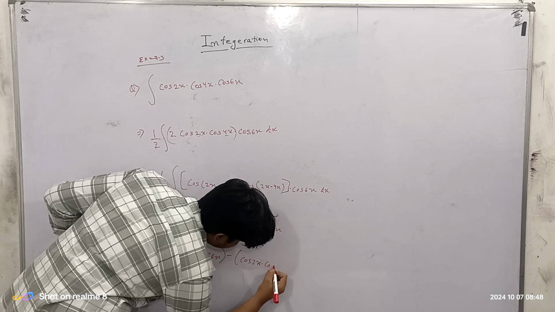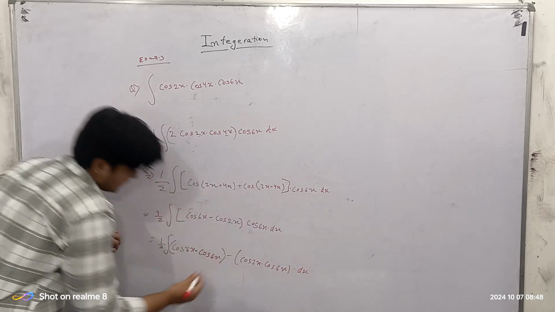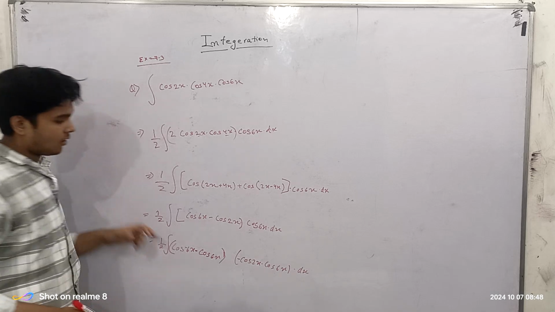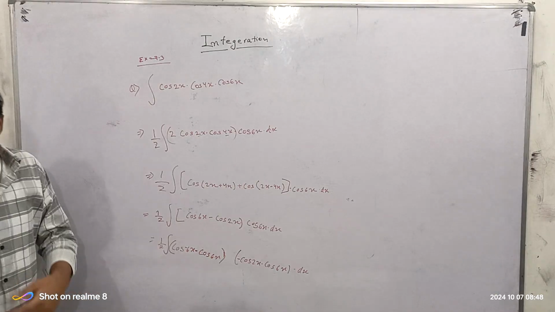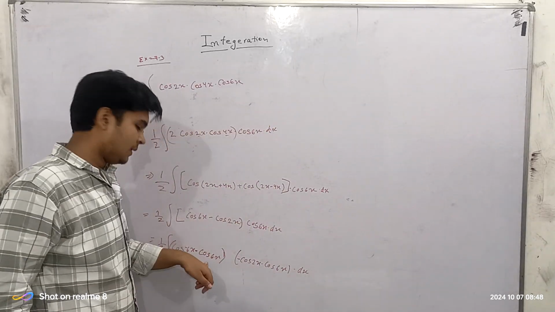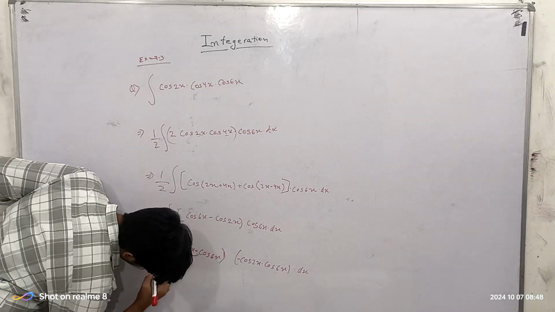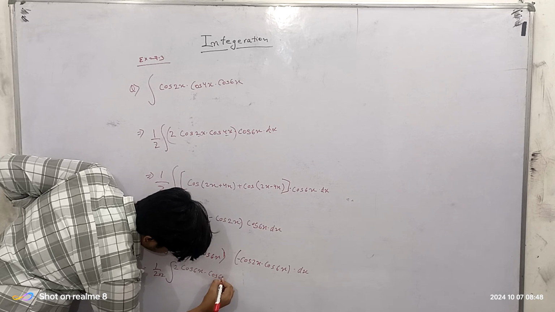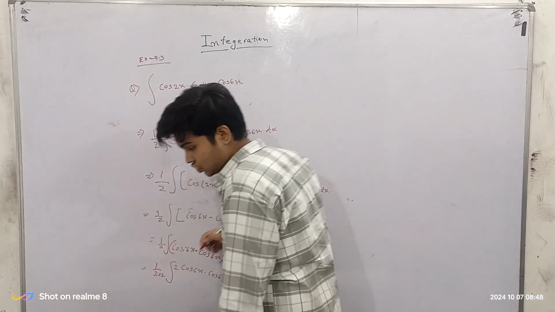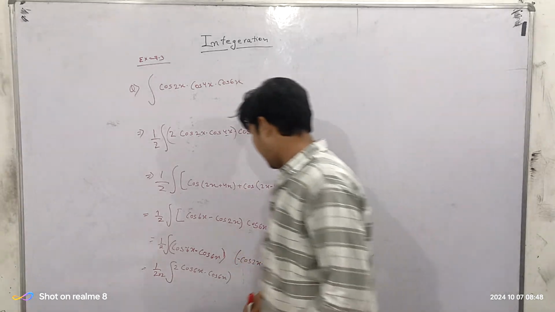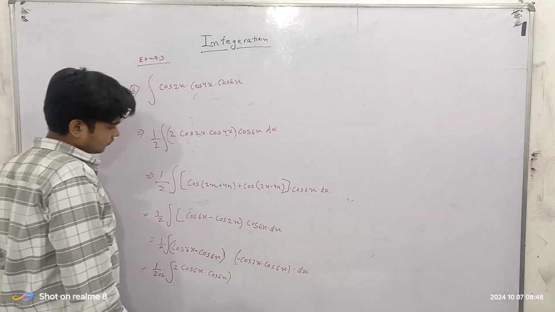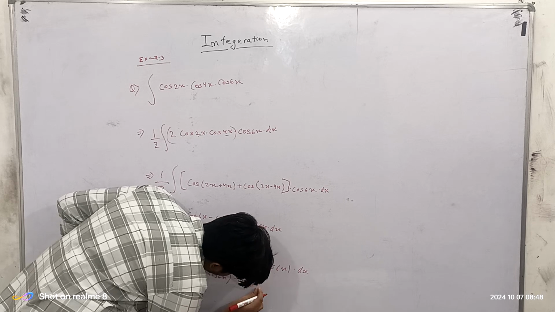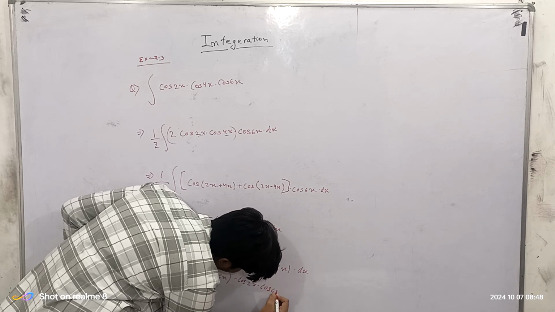Here also, it is cos A into cos B, so again we will multiply by 2 and divide by 2: 1 by 2 into 1 by 2 integration of 2 cos 6x into cos 6x plus 2 cos 2x into cos 6x dx.